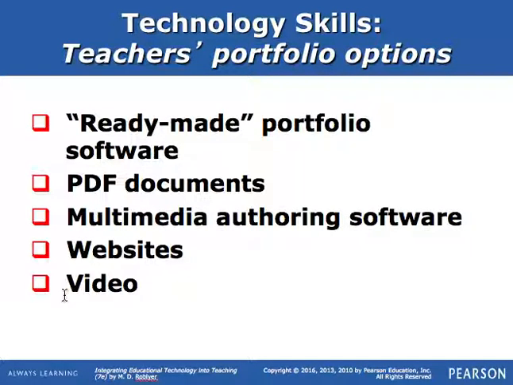We have all kinds of stuff that we can use to do things like portfolios. There's ready-made portfolio software, stuff like TaskStream or WebCT. But we can also make portfolios online with something like Prezi. Converting something into a PDF document, multimedia authoring software, websites, video, blogs, wikis, all these types of things we can use to do portfolios.